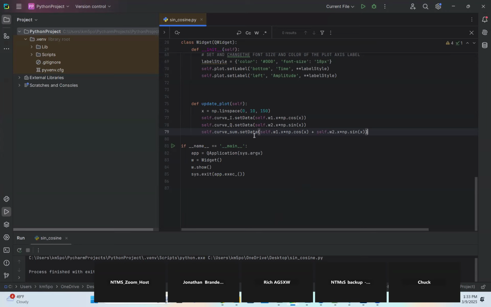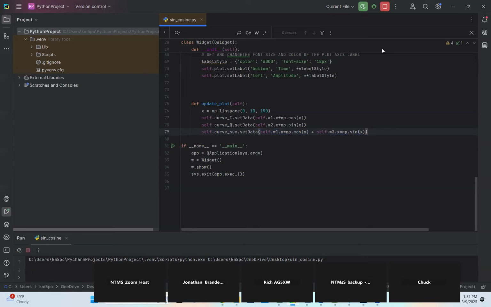But basically, all it's doing down here is displaying a slider where you can change the value of I and change the value of Q. And then there's a resultant curve, and that's what's important here. And this is just an addition of, wrapped up in here is the 2 pi, I cosine x plus Q sine x. And so that's the result.